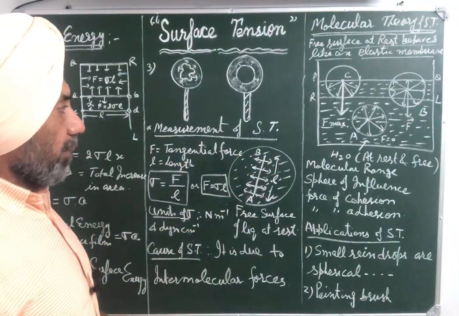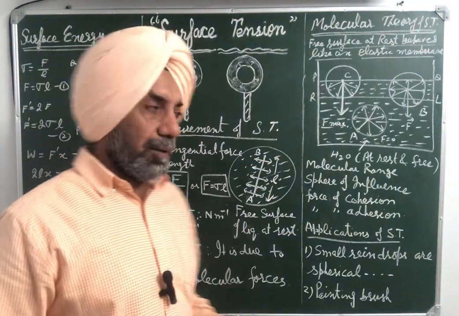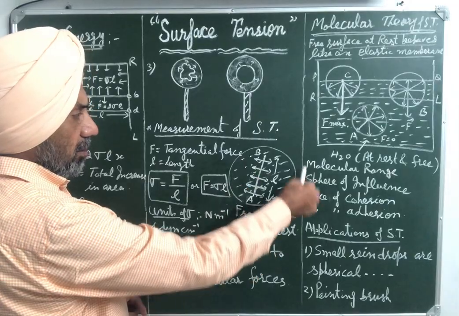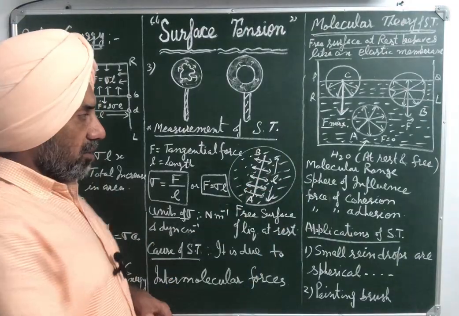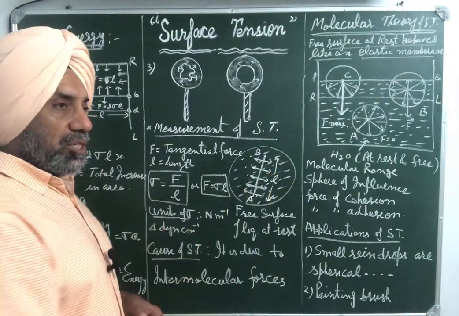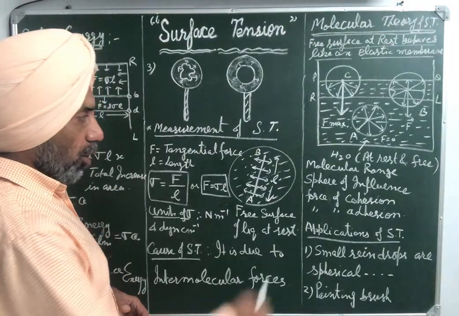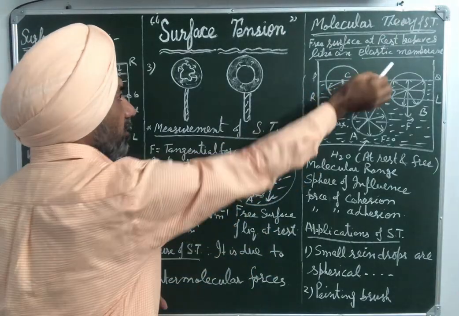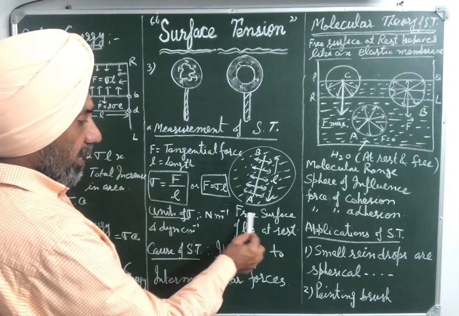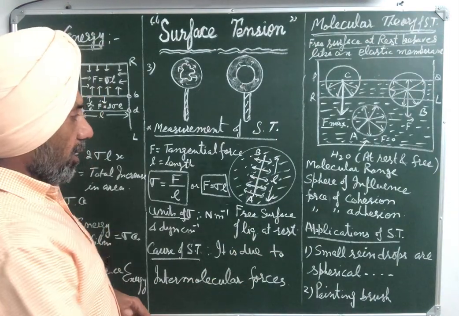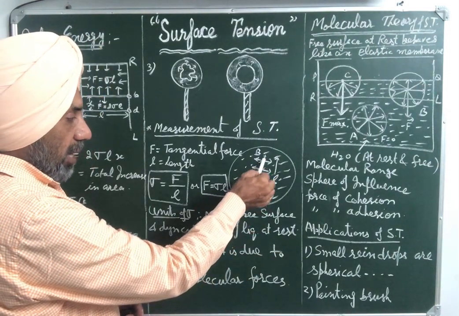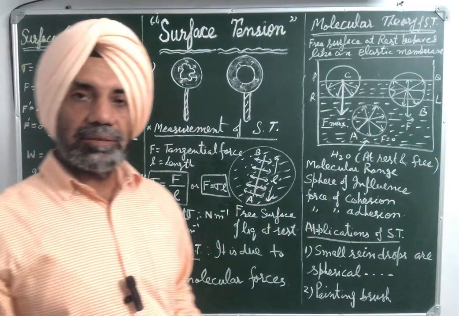Then, how can we measure surface tension mathematically? Suppose we have a surface which is free and at rest, the top of the surface of a liquid. Now, draw an imaginary line AB on this surface.